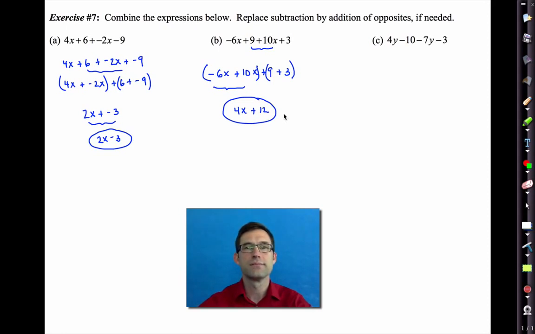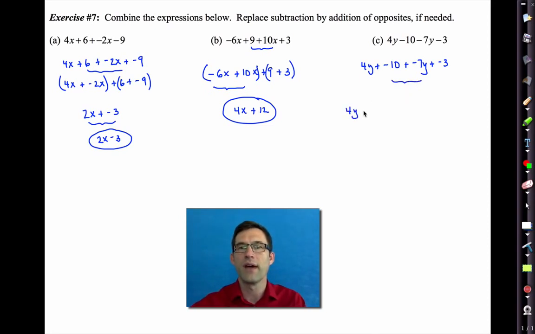That's it. Oh, letter C's got a lot of subtraction. So I'm going to rewrite this as 4y plus negative 10 plus negative 7y plus negative 3. Now I do that simply because subtraction is not commutative or associative, but addition is. So now I can play around with this the way I did before. I'm going to use the commutative property of addition to rewrite that as negative 7y plus negative 10 plus negative 3.